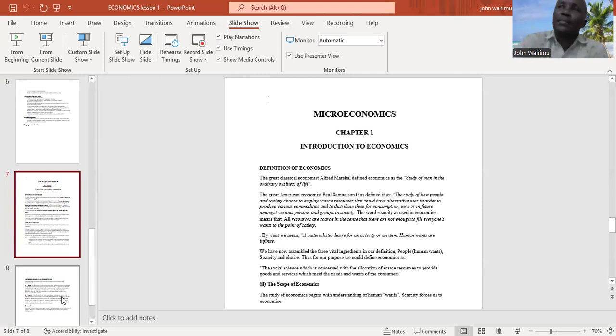When you have a free supply of air, that one is not a scarce resource. A scarce resource is not enough to satisfy your needs. By want, we mean a materialistic desire for an activity or an item. Human wants are infinite.